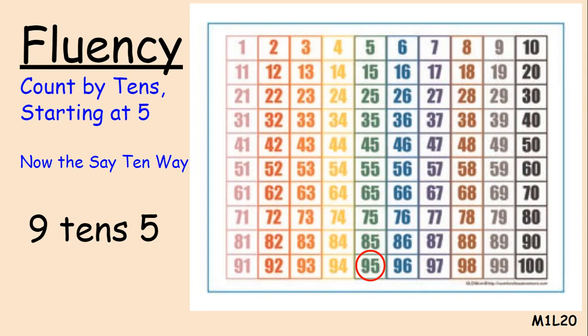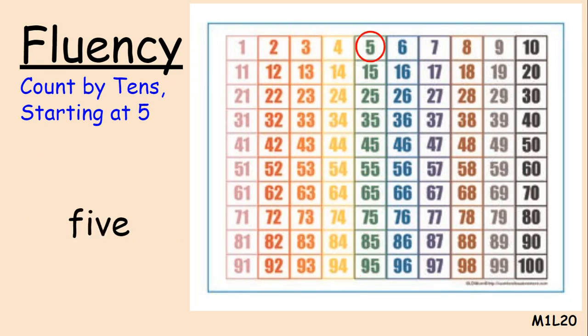So now that you get a feel for what we're doing, let's try again. Here we are, starting at 5. We're going to count by tens. 5, 15, 25, 35, 45, 55, 65, 75, 85, and 95.